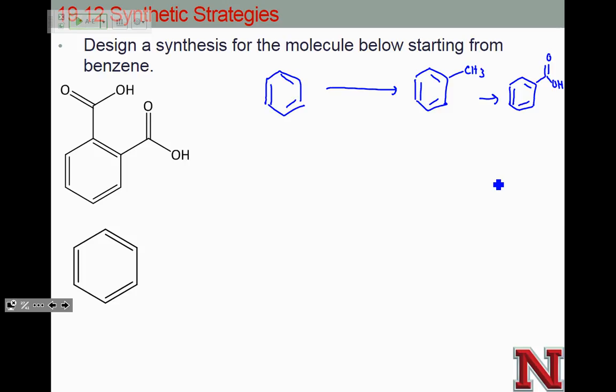But since we want both R groups to be ortho to each other, we might want to use a smaller CH3 group so it's easier to get that ortho position. If we use an excess of our alkylation, we can actually get mostly the ortho, but this will only work with a CH3 group, because anything bigger than CH3 would predominantly put para.